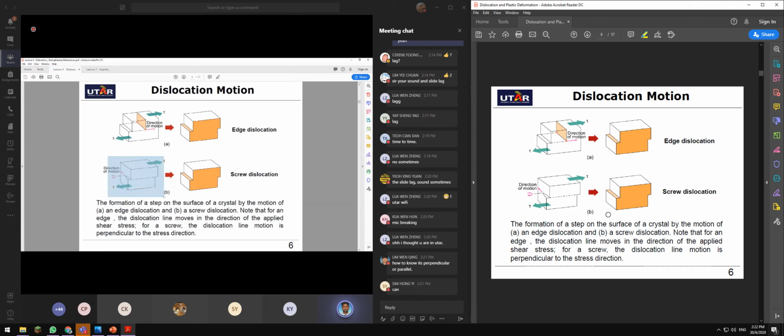So the tearing effect for screw dislocation is always perpendicular, as if it is rotating around a center axis in this line. Can you see here? So based on the profile of tearing or plastic deformation, you can see whether it is edge dislocation, which is parallel, or screw dislocation, which is perpendicular.